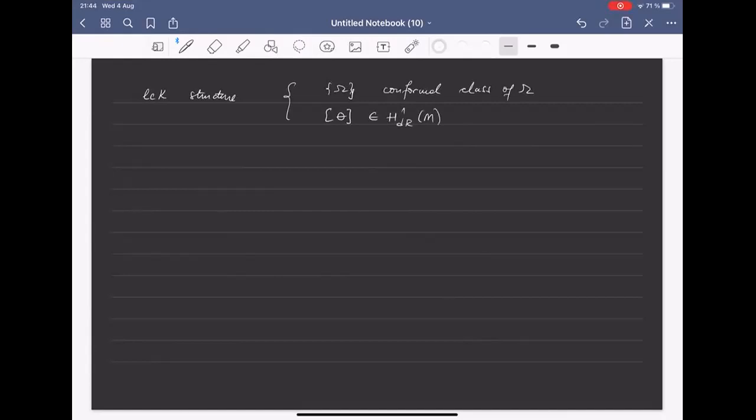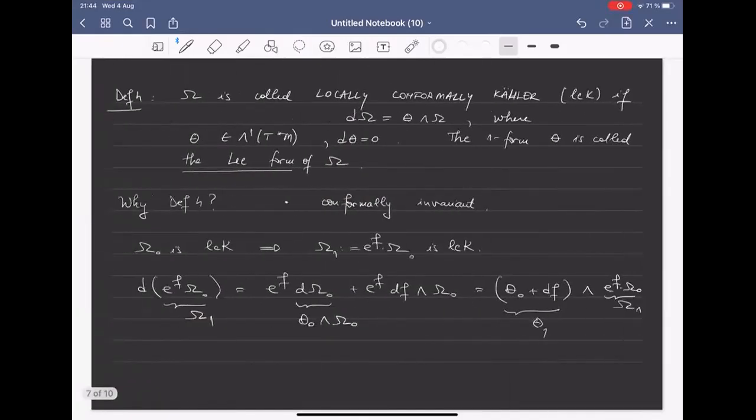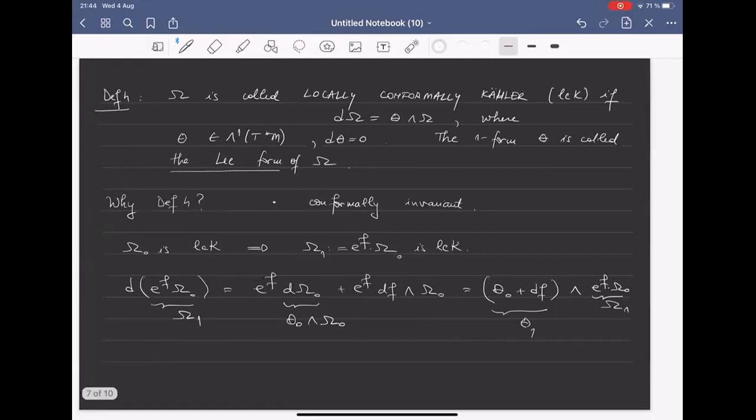Because as we have seen in the previous computation, the conformal metric has as associated Lee form the original Lee form theta 0 modified by some exact factor.